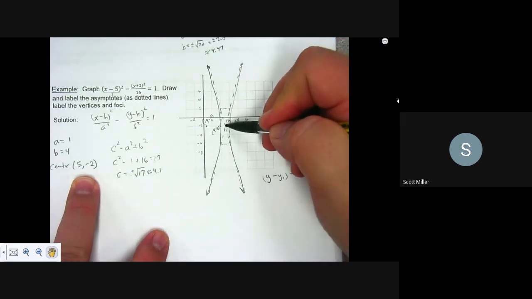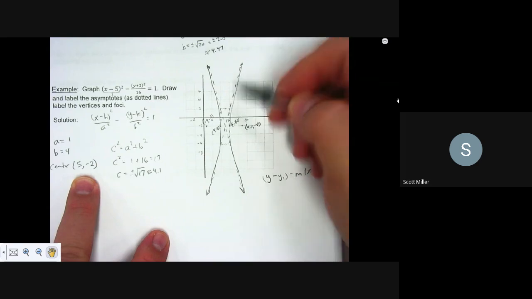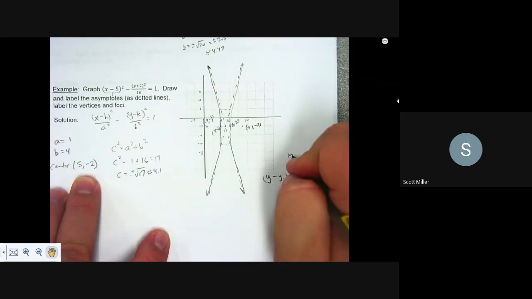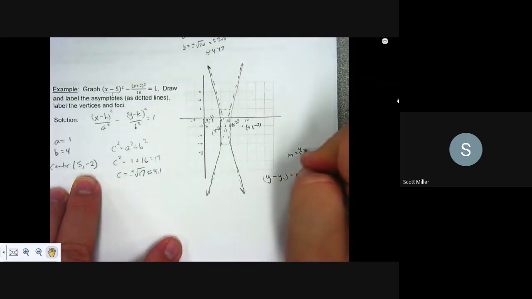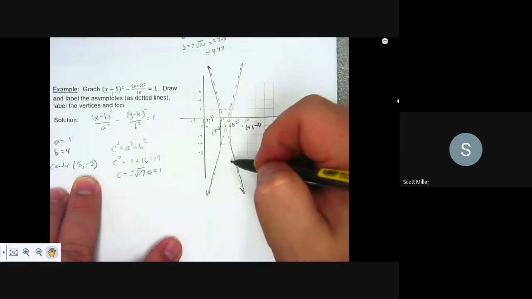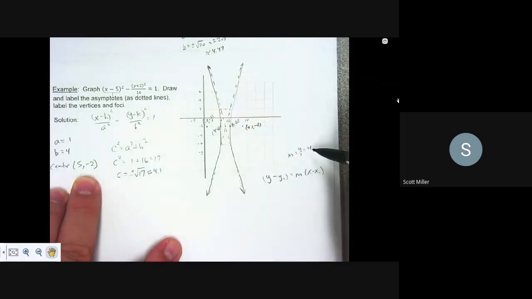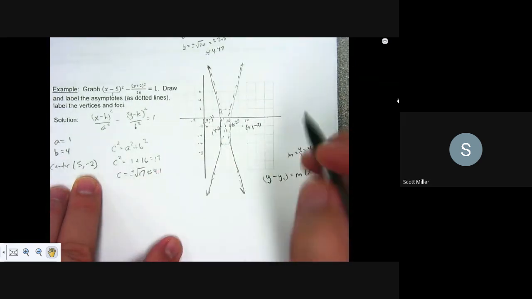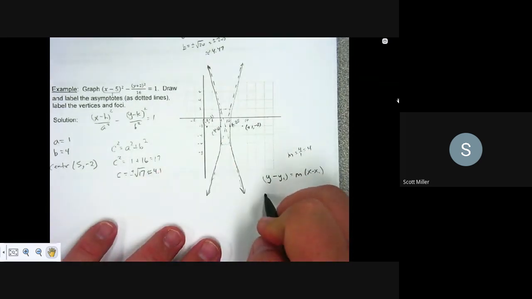So the slope from here to here, I'm going to rise 4 and run 1. So my slopes are 4/1, or just 4, for this one. And this one will be the -1. So 4 for this one, -4 for that one. There's my point. So we can go and plug all these in and get these equations.